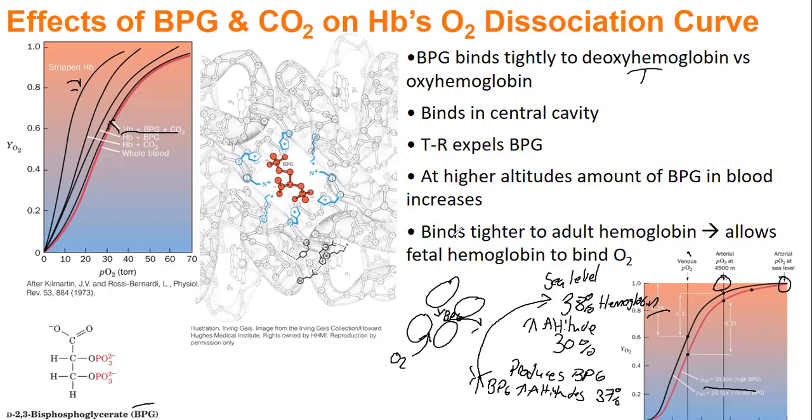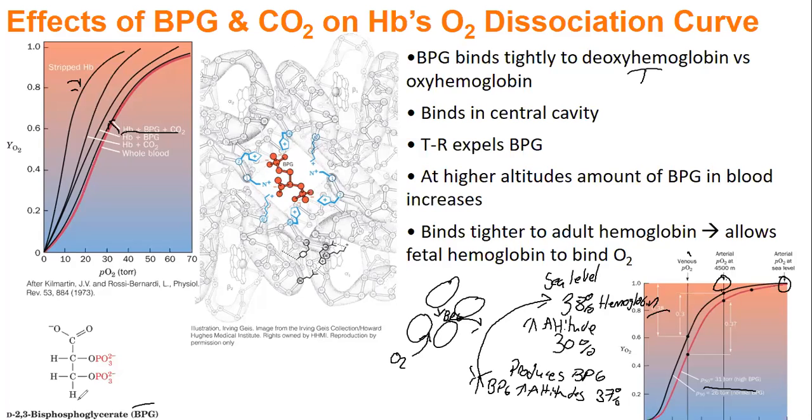So the way that oxygen is delivered to the fetus inside the mother is that the mother's hemoglobin will get bound by BPG and release that oxygen. Fetal hemoglobin is basically unaffected or not affected as strongly. It can pick up that oxygen, and that's how the fetus gets oxygen from the mother's blood. It's all due to BPG.